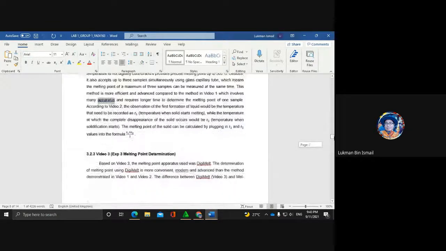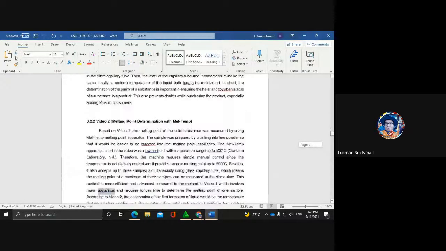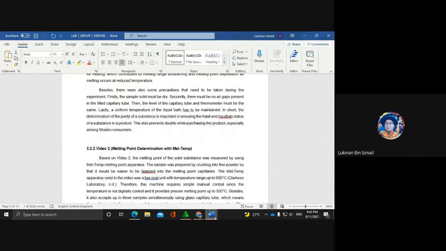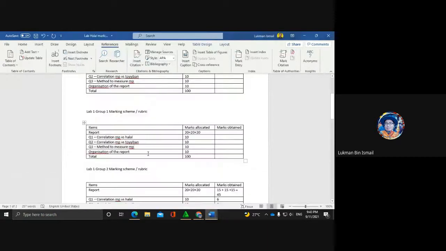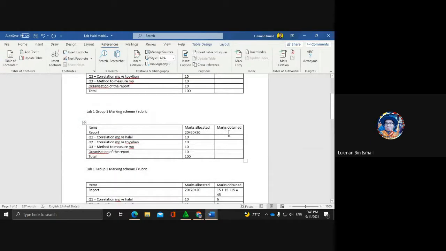So definitely your presentation is less than the previous group lah. Group 1, so you have 13 plus 13 plus 13, so 39.